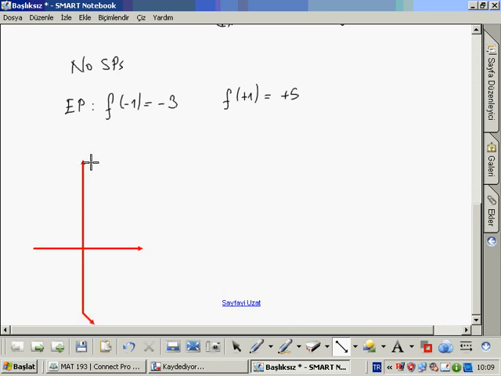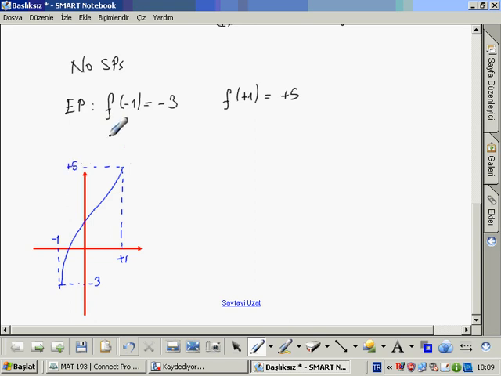Sketch it: plus 1, minus 1, and minus 3, and plus 5.